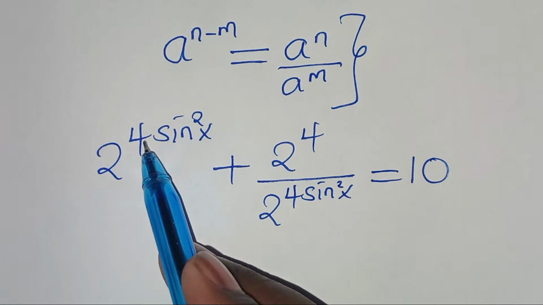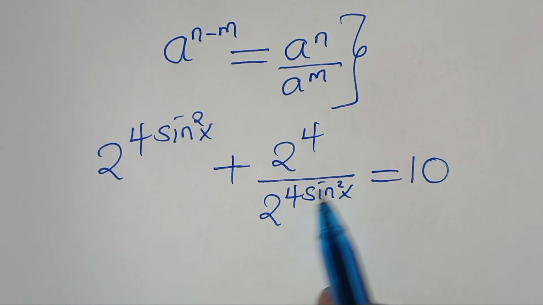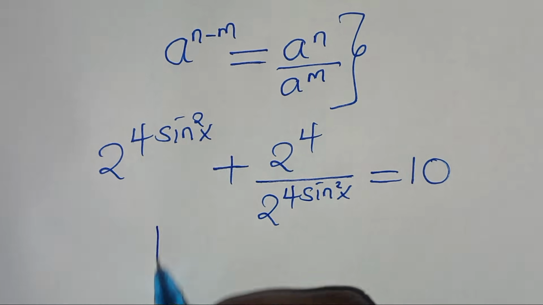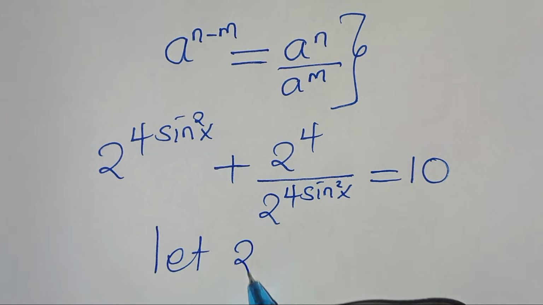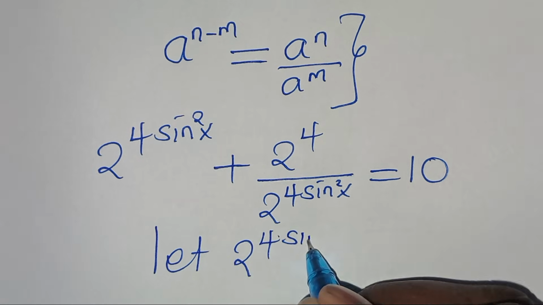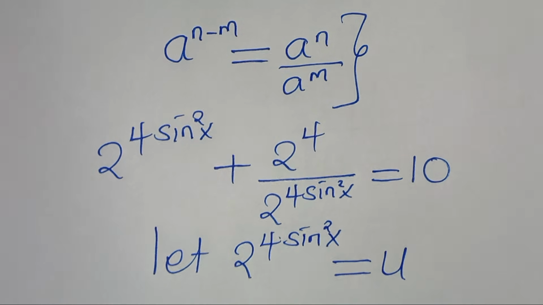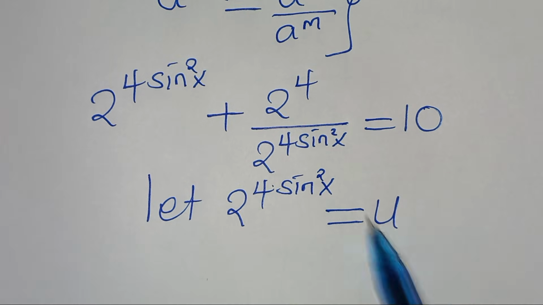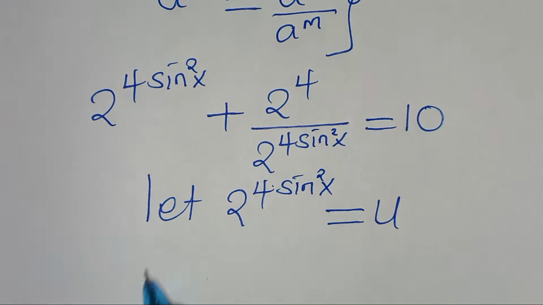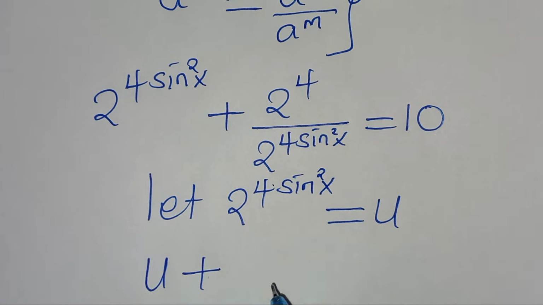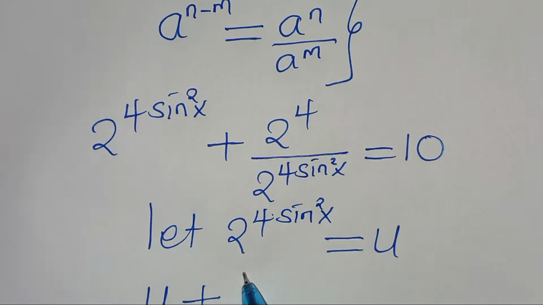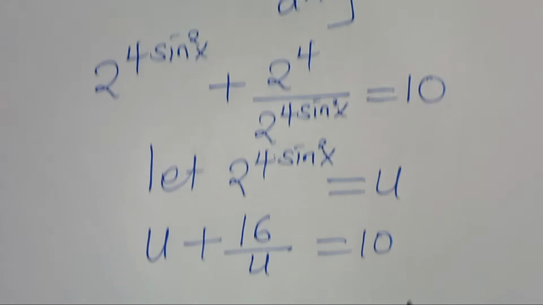Since we have 2 to the power of 4 sine squared x here and here, we can let 2 to the power of 4 sine squared x be equal to u. Let's substitute u back into the equation so that we have u plus 2 to the power of 4, this is 16 over u, this is equal to 10.